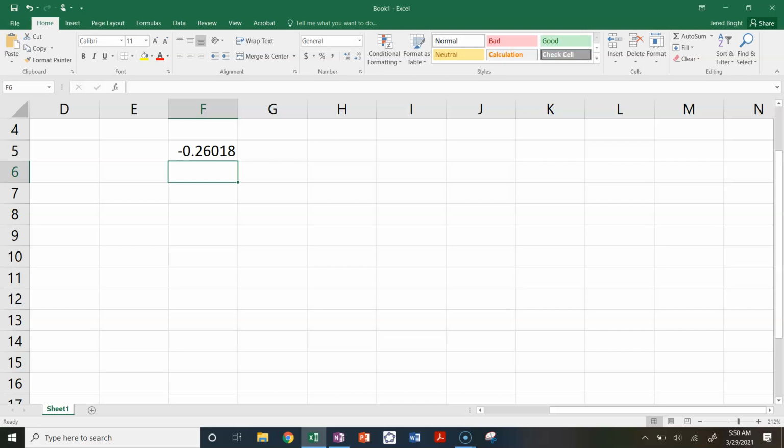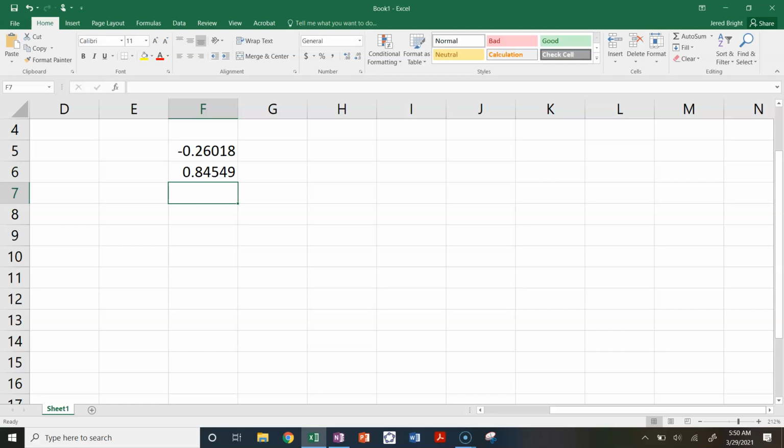Second one, we had to do t.dist.2t, and then for our x, 0.2, and then 10. Boom, there we go, 84%.